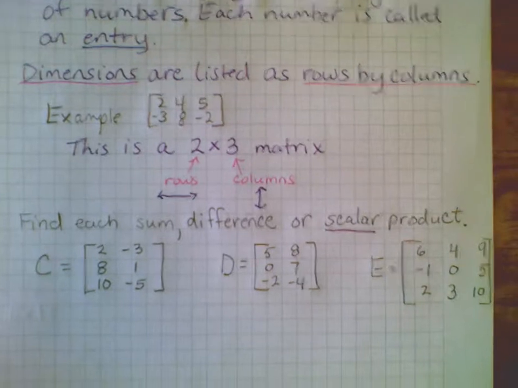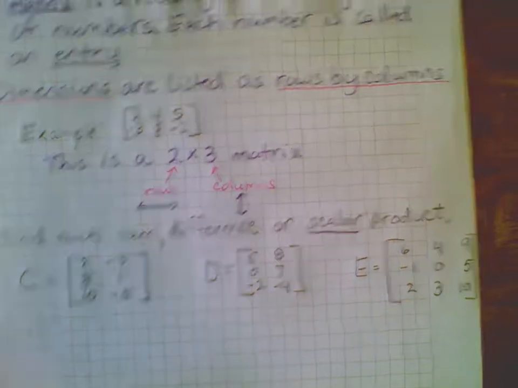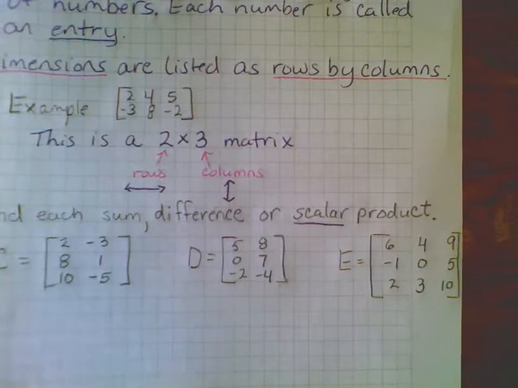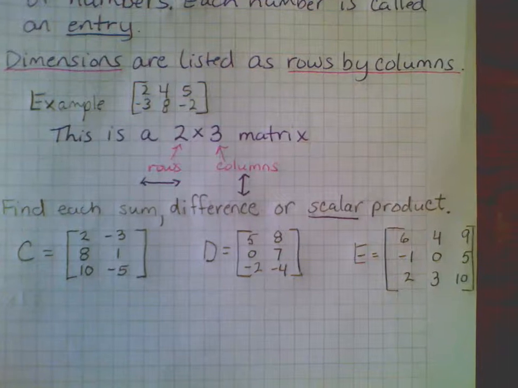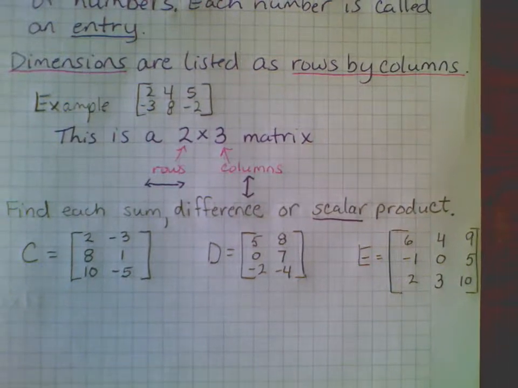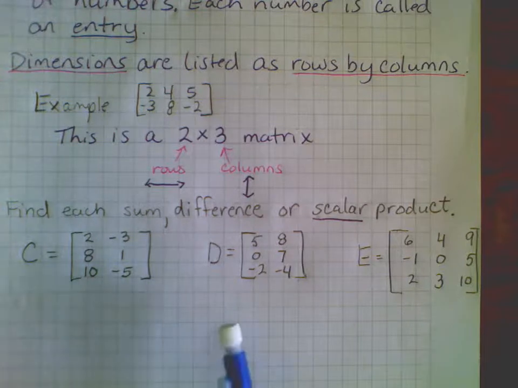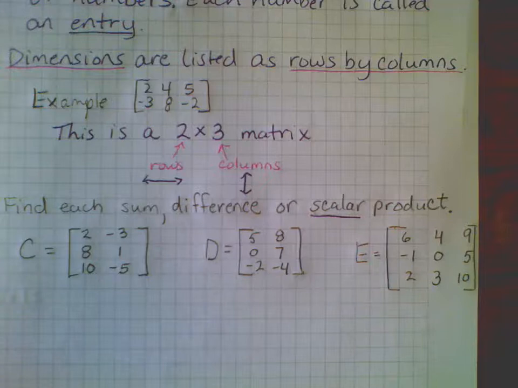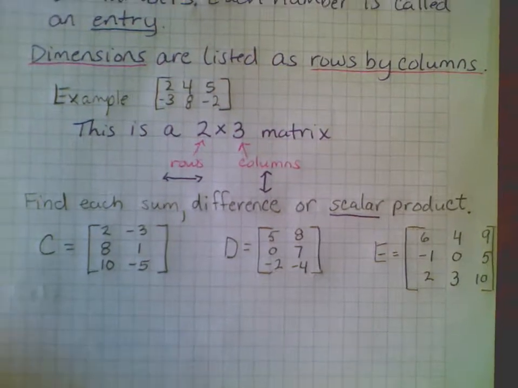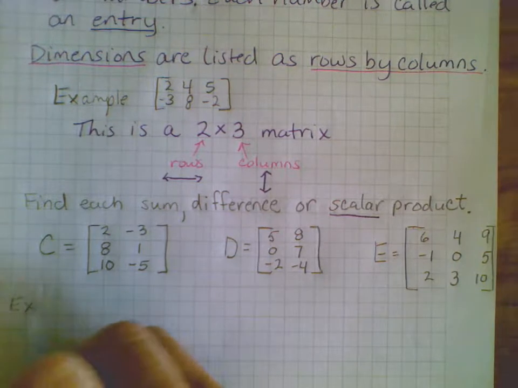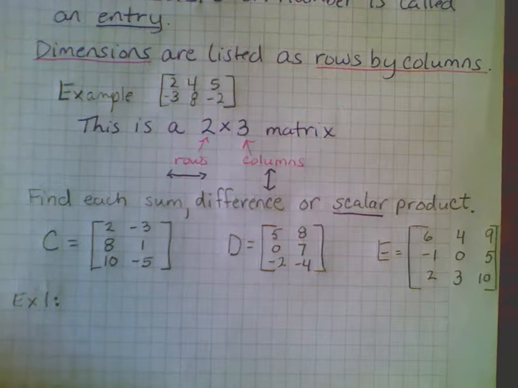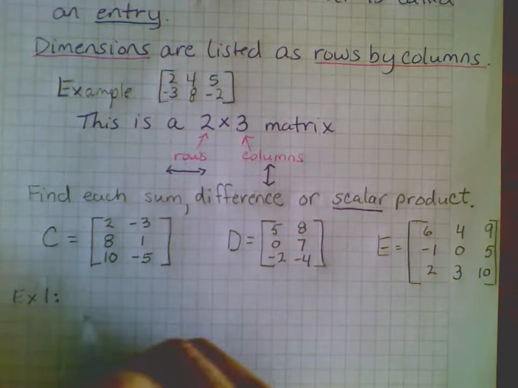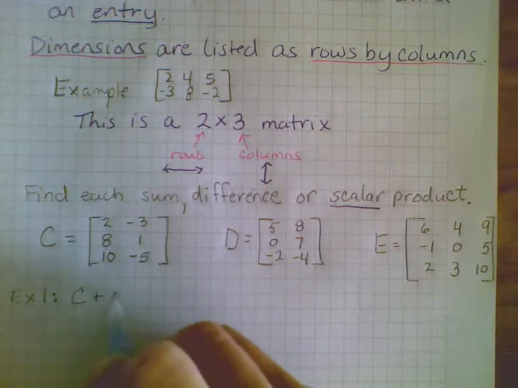Okay, we're going to go through finding the sum, difference, and a scalar product. So we're going to do a little bit of multiplication, but in a later video we'll go over the full multiplication process. So go ahead and copy this down: matrix C, matrix D, and matrix E. So example 1, we're going to add C plus D. So it's just going to look like this.